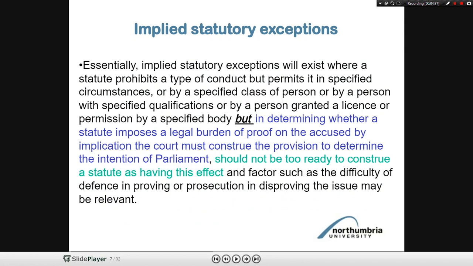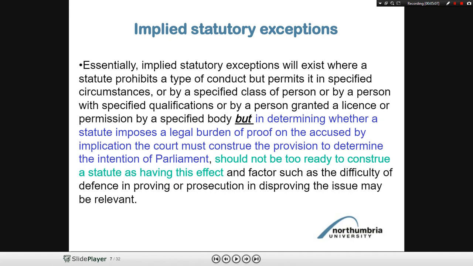Essentially, implied statutory exceptions will exist where a statute prohibits a type of conduct but permits it in specified circumstances, or by a specified class of person, or by a person with specified qualifications, or by a person granted a license or permission by a specified body.